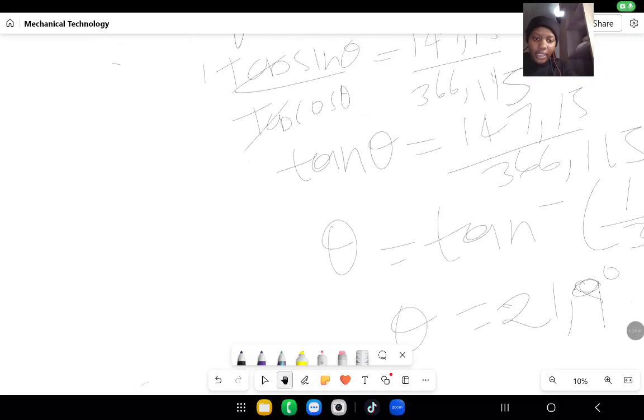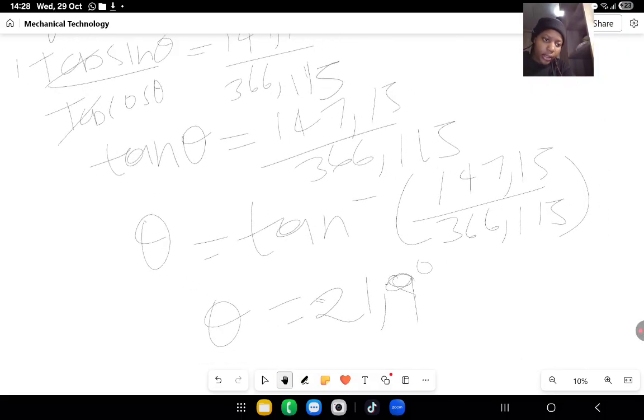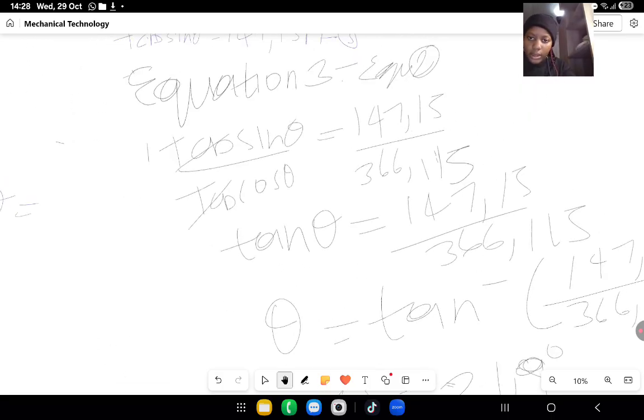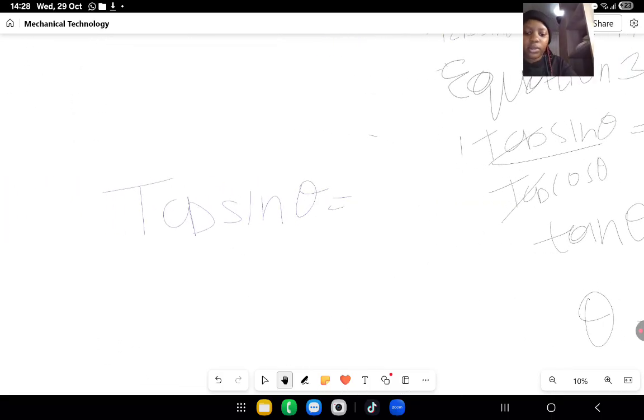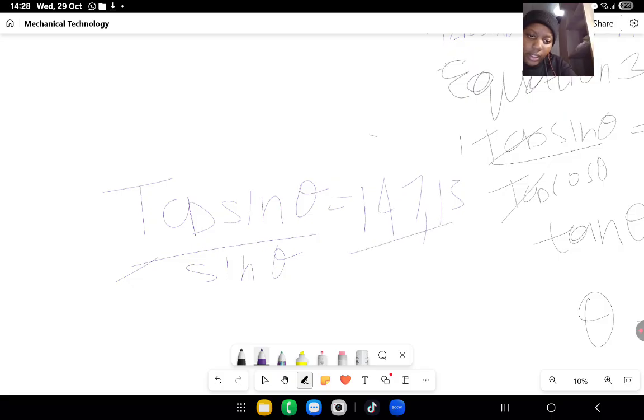Then after getting your angle, to find your TCD, you'll say TCD, the sine of theta equals, we use equation 3, 147,15, then divided by sine theta.